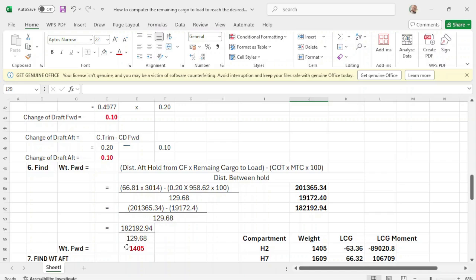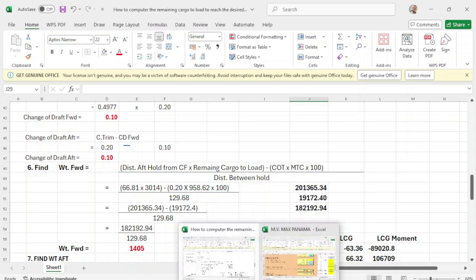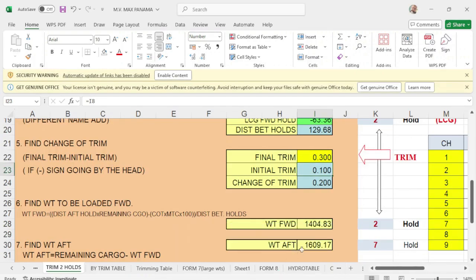Subtract these two and the value will be 181992.94 over 129.68, and the answer for weight forward will be 14.05. The program says 14.04, so I round it up to 14.05.